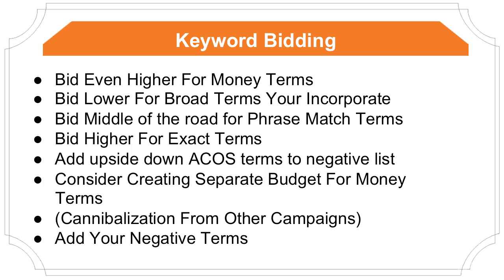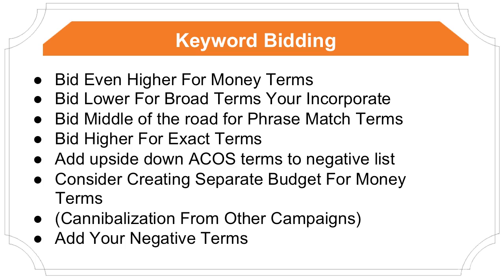And like I said before, as you're going through this process and looking at the data, you may say to yourself that you didn't build a money terms campaign. But then you say, all right, I want to create a separate budget for just money terms, for those terms that I know are going to be successful. You may even decide to do that in the beginning. But if you don't, you do want to do that at some point, because then you have a great campaign that is just for 10, 20, 30, 50, 100 terms that are going to generate great sales for your listings and for your business.